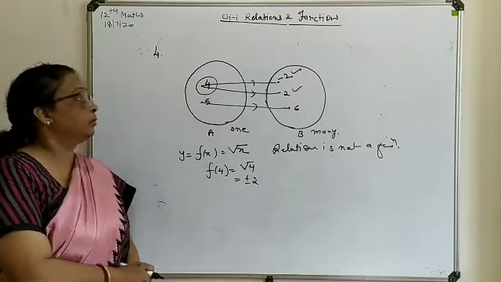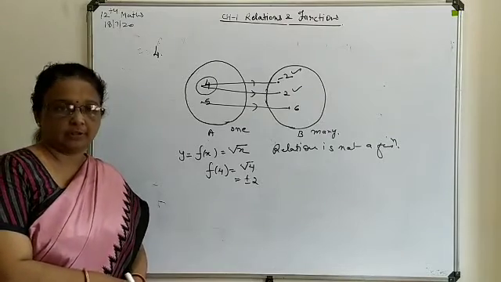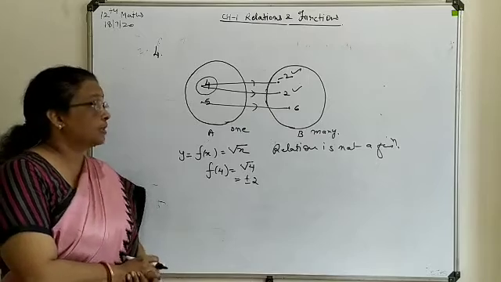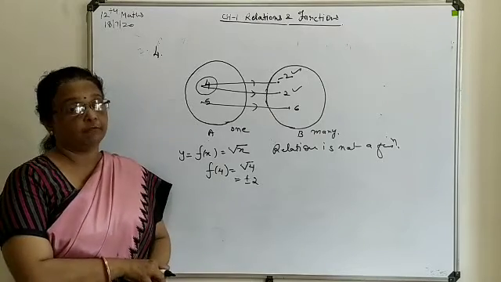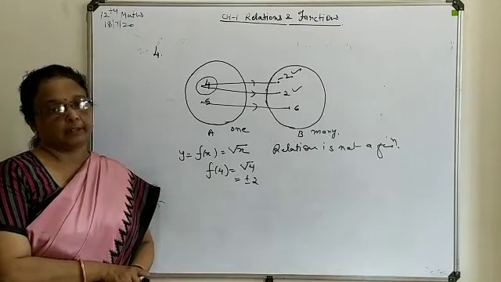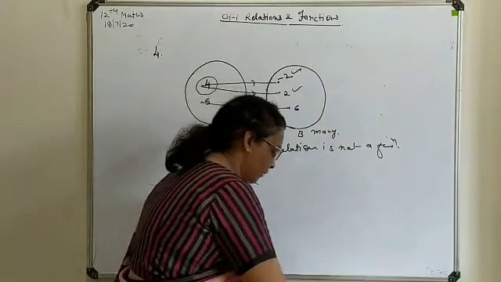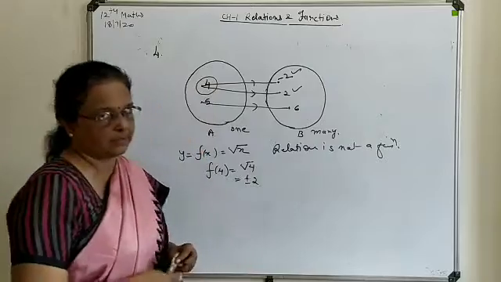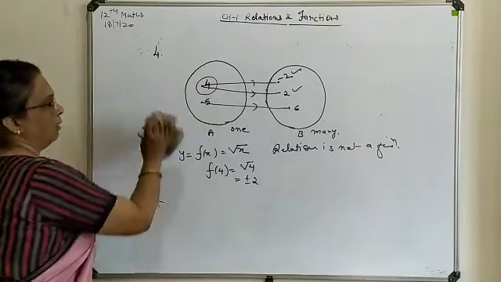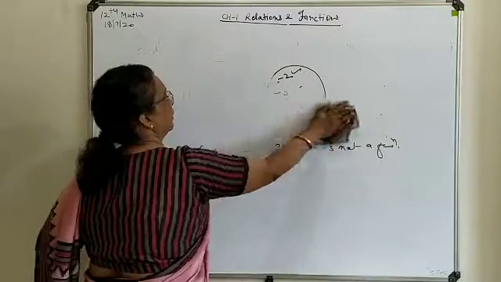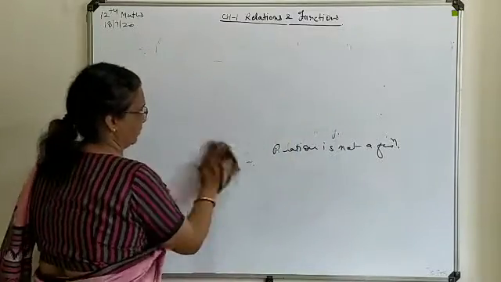Now we move towards the types of function, that is the main part of our session. So first we go for one function, then many one, and then third one is onto. So one and many one already we have discussed, but once more time we make it more clear about one correspondence and many one correspondence.